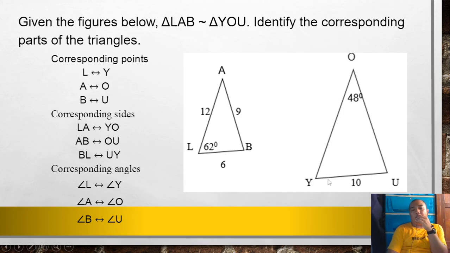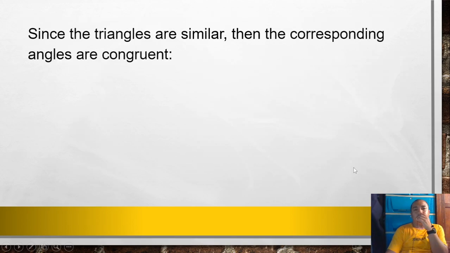L corresponds to Y, A corresponds to O, B corresponds to U. For the corresponding sides, LA corresponds to YO, AB corresponds to OU, LB corresponds to UY. For corresponding angles, angle L corresponds to angle Y, angle A to angle O, and angle B to angle U.